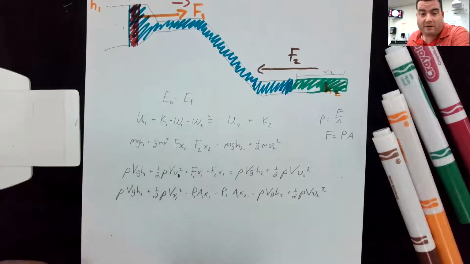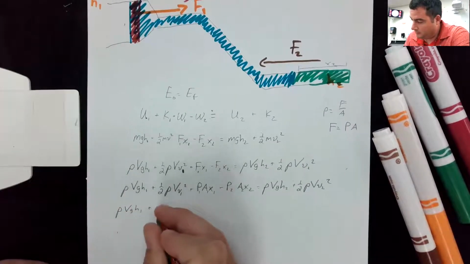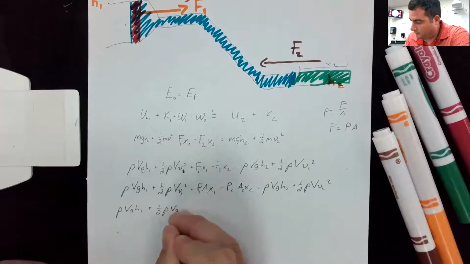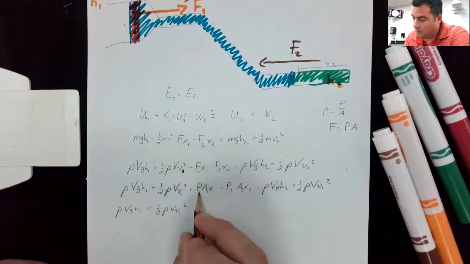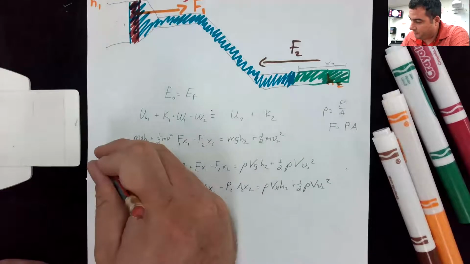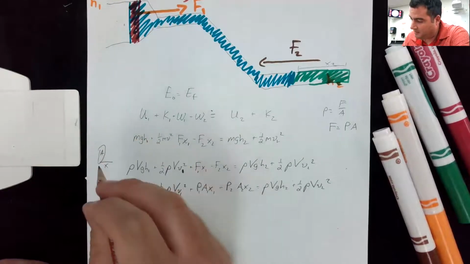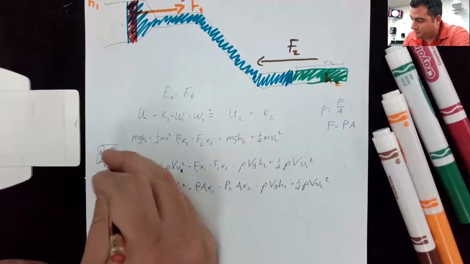And one last little bit of trickery. What's A times x? If that's A and that's x, what we've just defined is a volume.